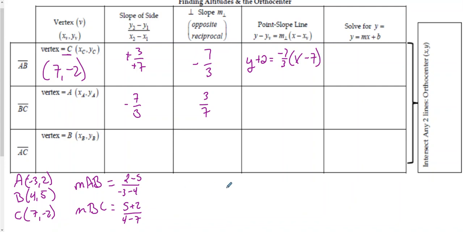And let's go ahead and talk about the altitude of BC, which will go through vertex A. Vertex A is negative 3, 2. And using the perpendicular slope of 3/7, we can write y minus 2 equals 3 over 7 times x minus negative 3.